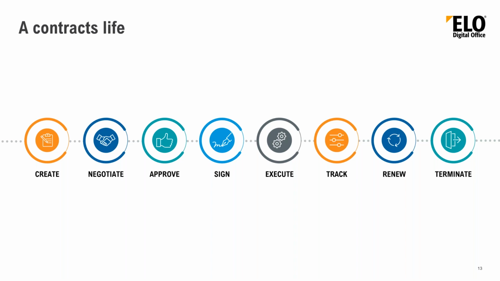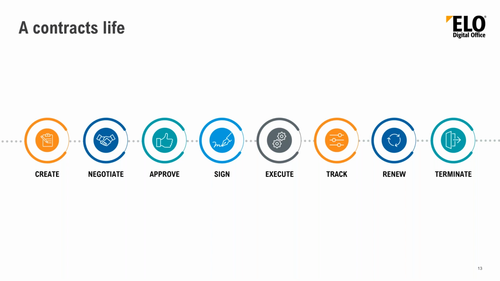And after this, you should keep track of the contract. Maybe it renews itself, or you have to renew it after a defined period of time, or you terminate the contract because you don't need it anymore. So that's a typical contract life cycle, from the creation to renewal or termination.